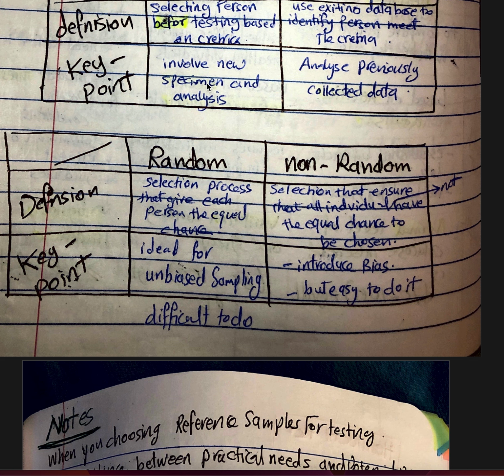Random means selecting whatever it is, and there is no bias in this. It's unbiased because everyone has the same chance. But non-random means I choose this person individually, and they do not have an equal chance, so bias will happen. So these are the different strategies for collecting the reference individuals: direct or indirect, prior or posterior, or random or non-random.